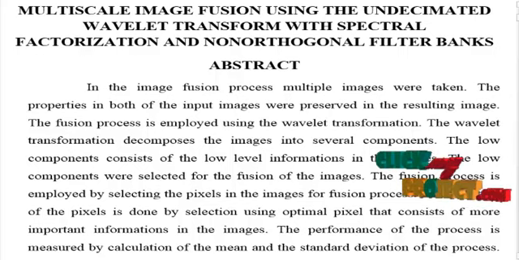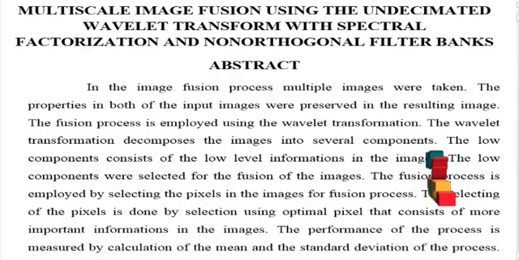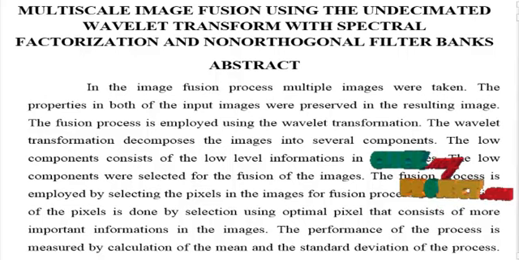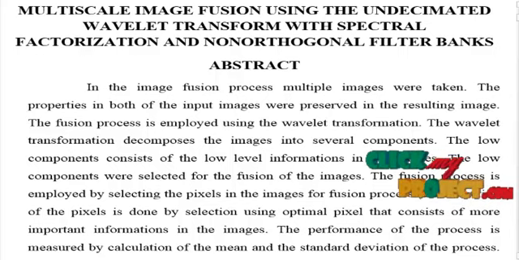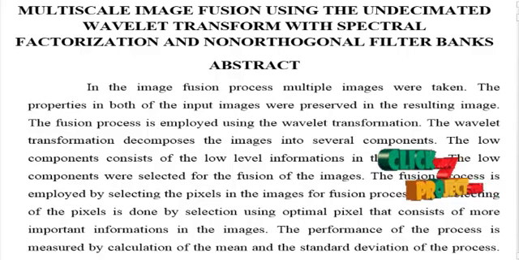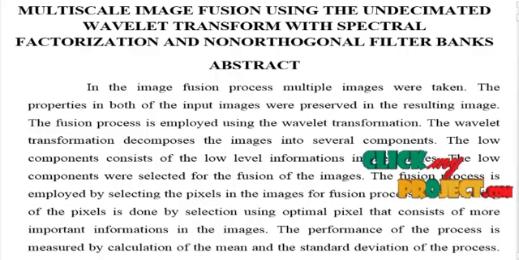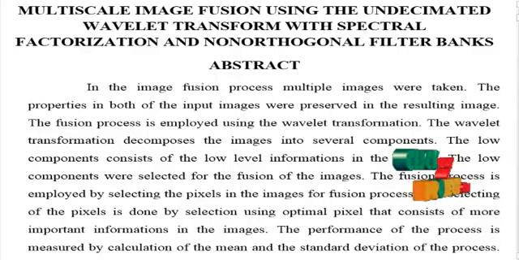Image fusion methods can commonly be spatial domain or transform domain. Spatial domain refers to the pixel-wise transformation of the two images, and transform domain refers to the application of the transformation to the input images, and then fusion of the specific pixels is employed.